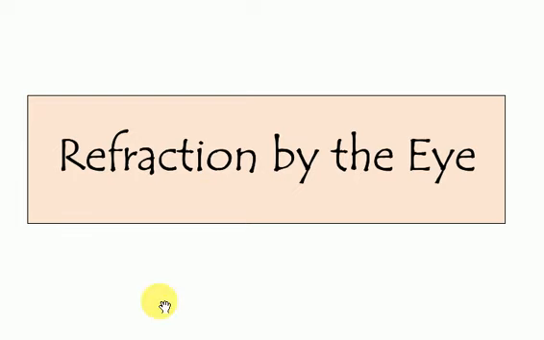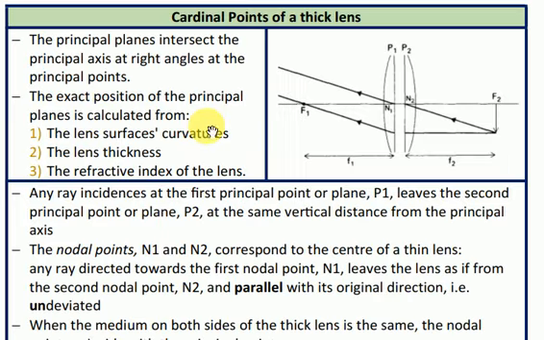So now the thick lens theory. In thick lens theory, first there are cardinal points of a thick lens which should be understood. The thin lens, which we have discussed in the previous chapter, ignores the lens thickness and only considers refraction at the two lens surfaces.